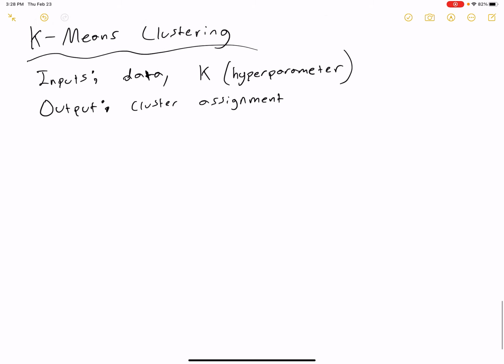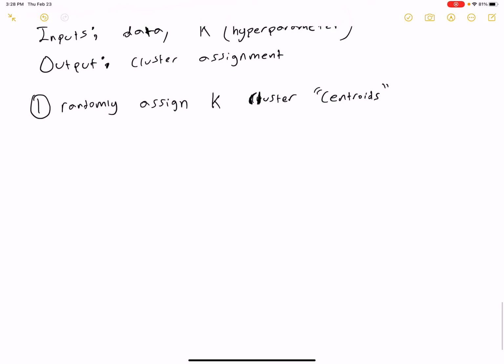So the first step is to randomly assign K, which is the input, cluster centroids, which are the center of the cluster, and these are just randomly selected.